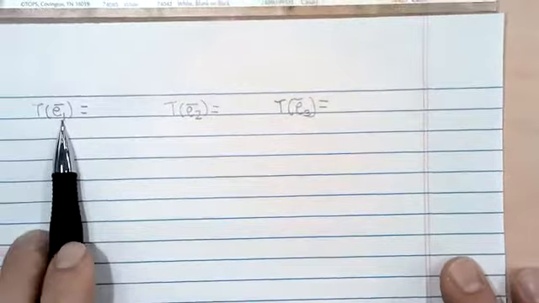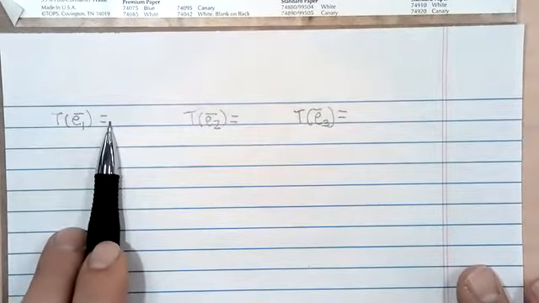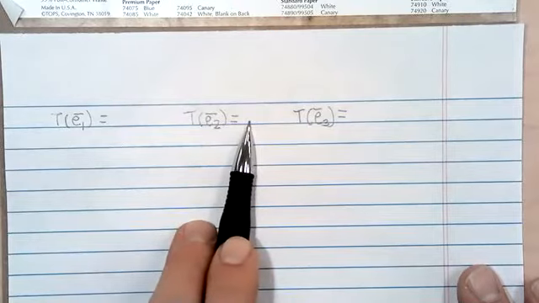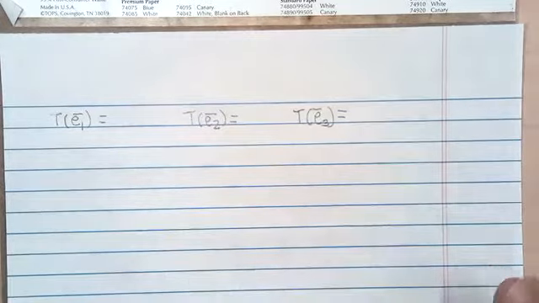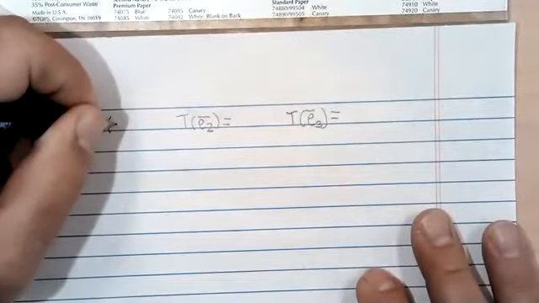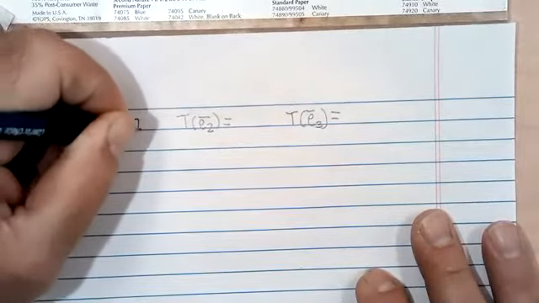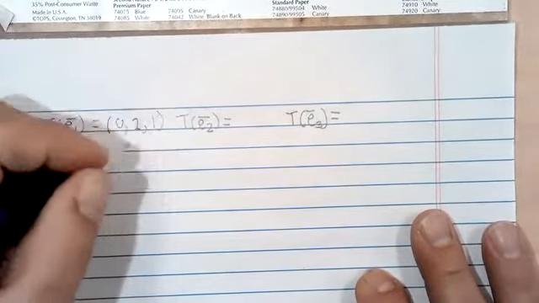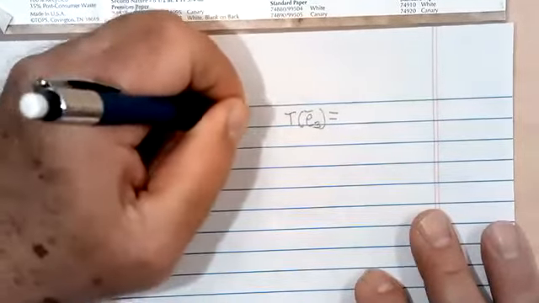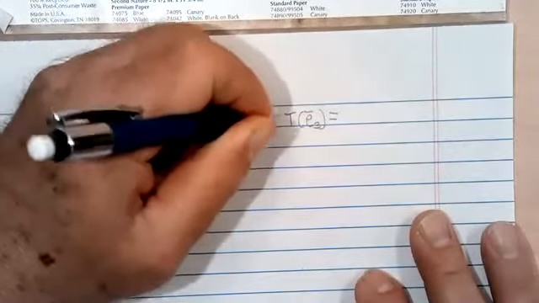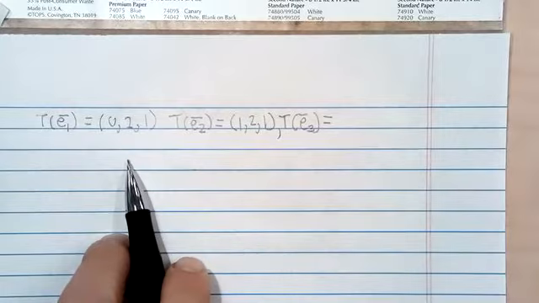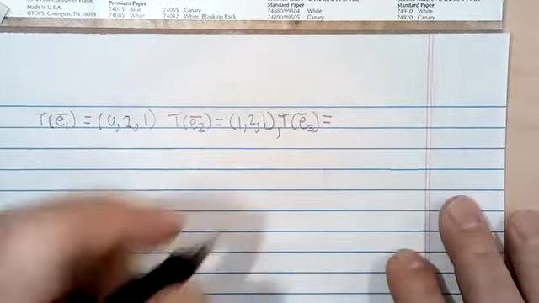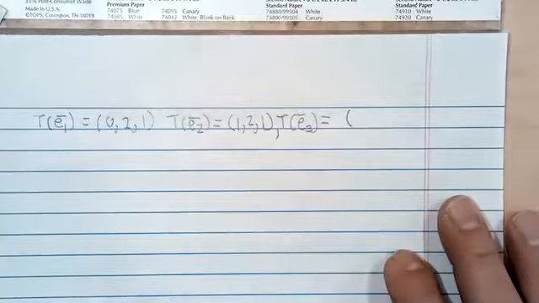Now, in the original problem 3, it says T of E1 is 1 to 1, T of E2 is 2 to 0, and T of E3 is 1 minus 1 minus 1. So I'm just going to do something else. How about this? 0 to 1 and 1 to 1. And I think those are linearly independent on the original one. So I just want to make sure that I don't destroy the independence property. So I think that'll work.